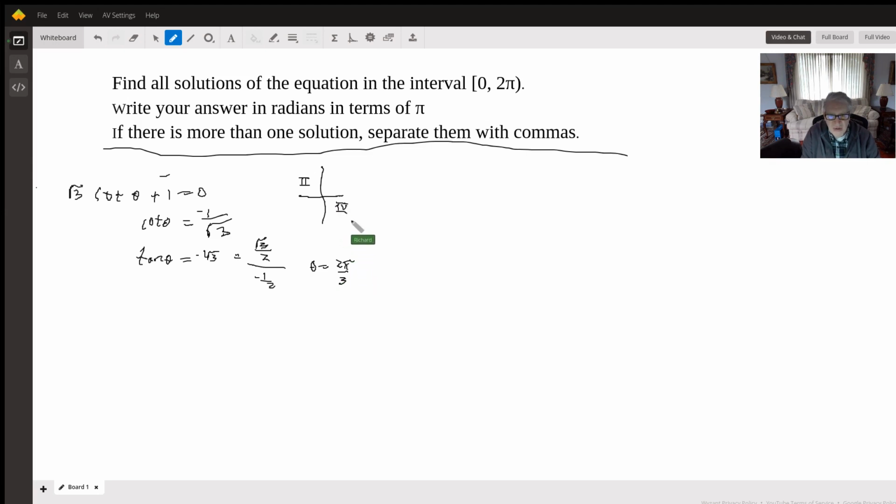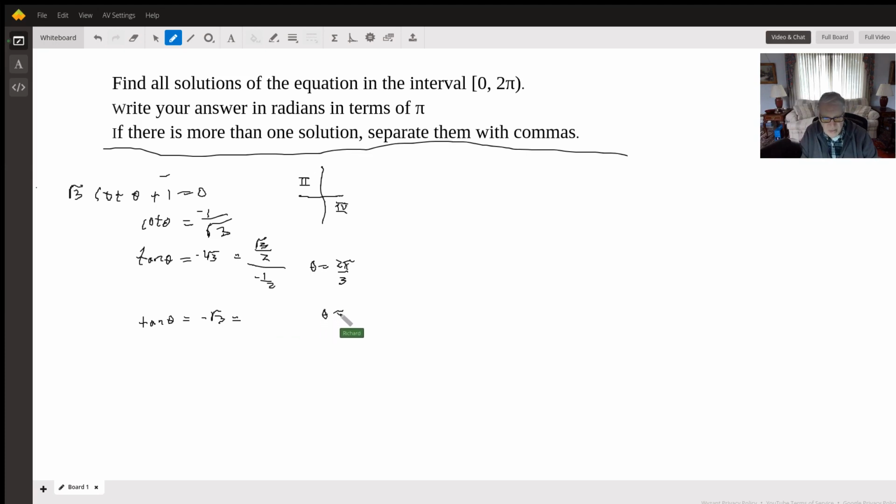Down here in the fourth quadrant, it's just going to be sort of the cousin of the one that's in the second quadrant. But I'll do the work out. So tangent of theta is equal to negative root 3 as before, but now we're just going to move to 5 pi over 3.